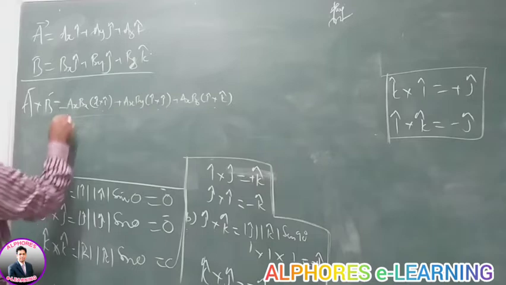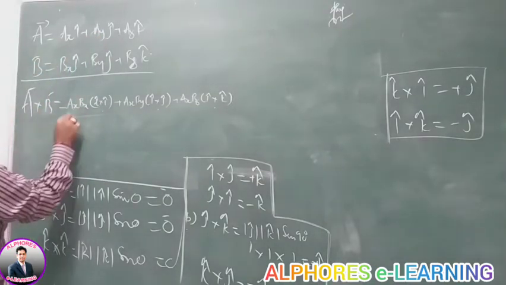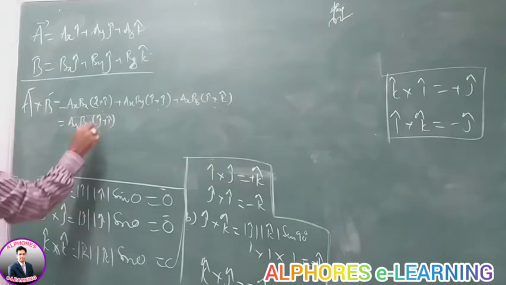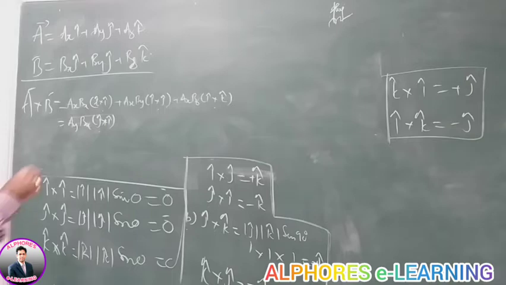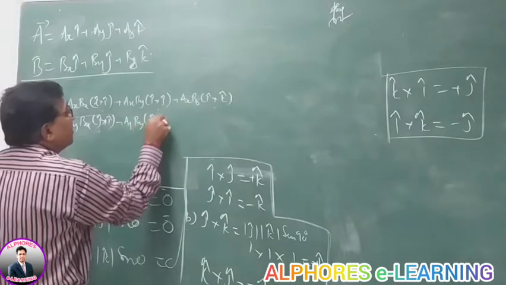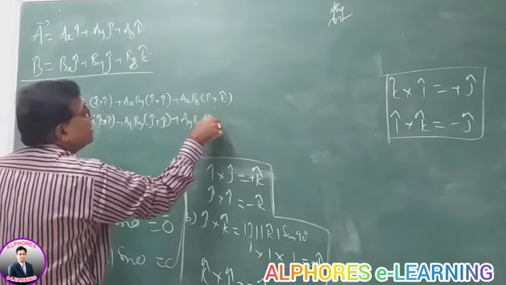Similarly, multiplying the second term to each term: Ay Bx times j cross i, plus Ay By times j cross j, plus Ay Bz times j cross k.